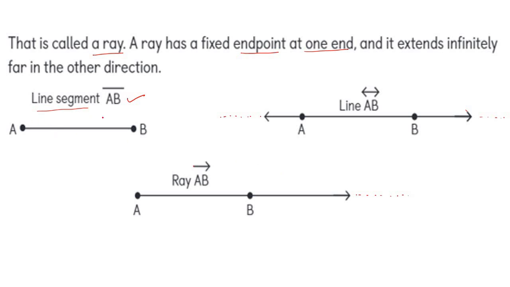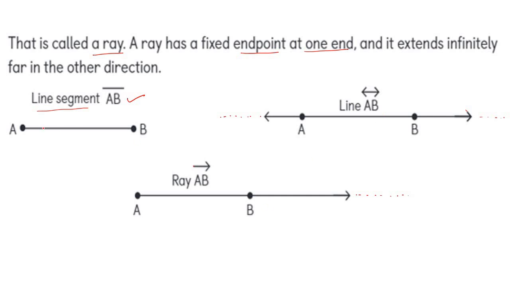Line segment has two endpoints. Line extends on both sides. It has no endpoints. Ray extends infinitely far in the one direction, because another direction it is having endpoint. This is the difference between line segment, line and ray.